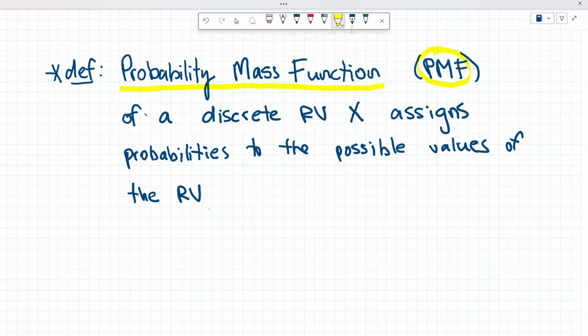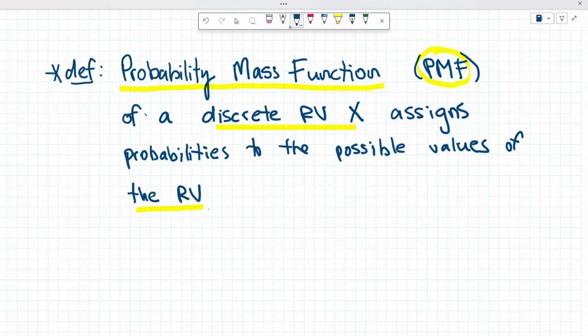So let's define what a probability mass function means mathematically. A PMF of a discrete random variable X assigns probabilities to the possible values of the random variable.